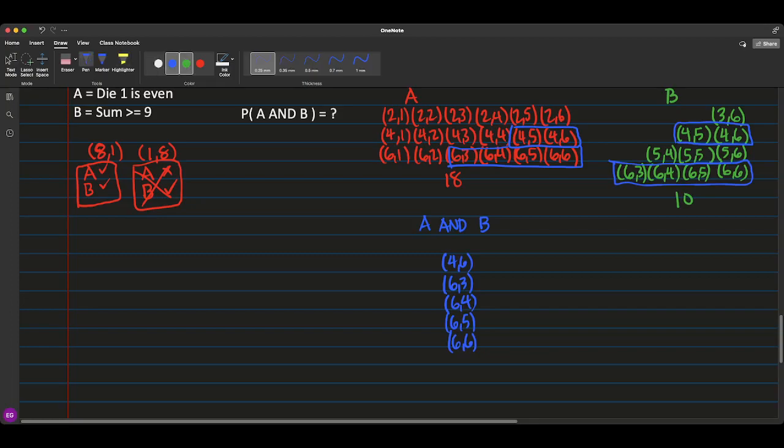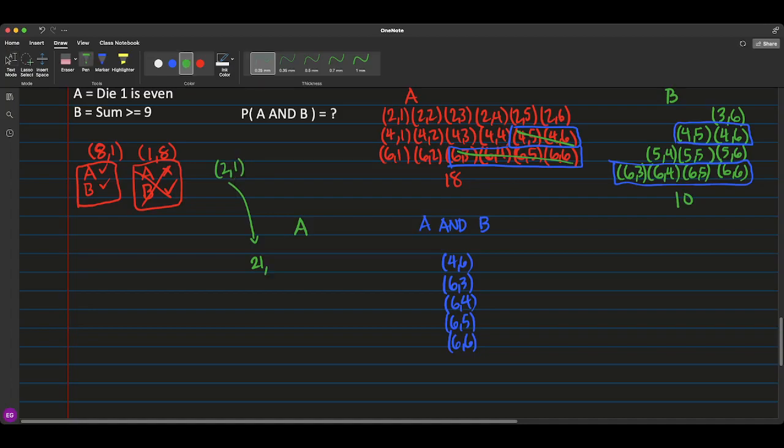Now there are other events that only occur in A, but do not also occur in B. That's everything after you cross these out. Okay, so that's a bunch of stuff. So instead of writing parentheses 2, 1, I'm just going to write 21. Hopefully that makes sense, that's what I used to write for 2, 1, because it's just a lot of writing.